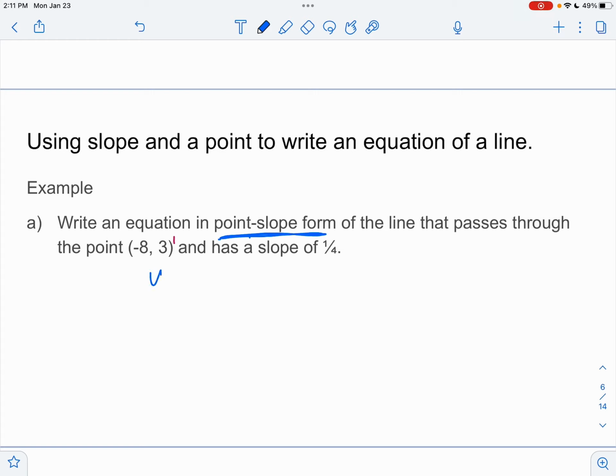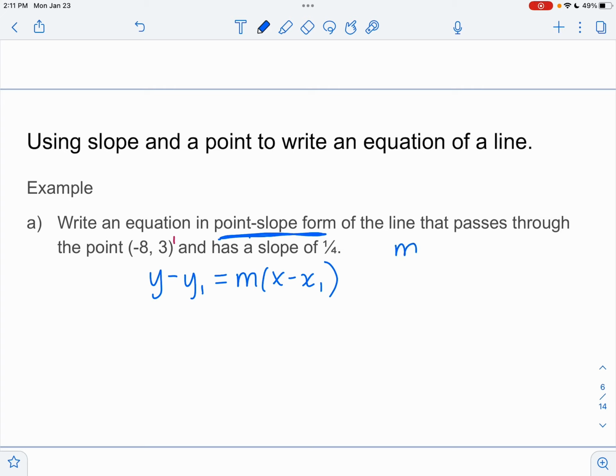So point slope form, let's start by writing that out. And just like how I mentioned doing this for the slope formula and for y equals mx plus b, for all of these, we want to make sure that we're writing out the form so that we can memorize it quicker.